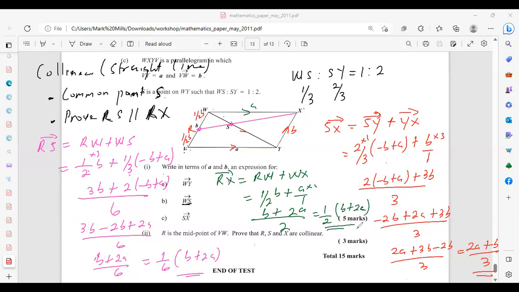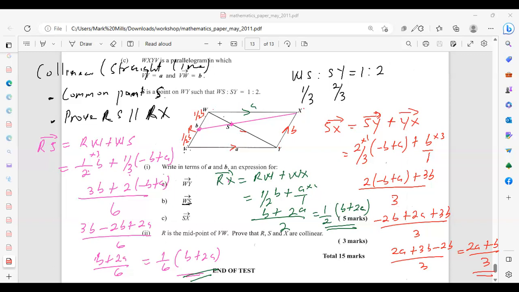I want to observe this one and this one here. One is 1/6, the other is half, right? If I have half and 1/6, which one is bigger? Half is bigger.